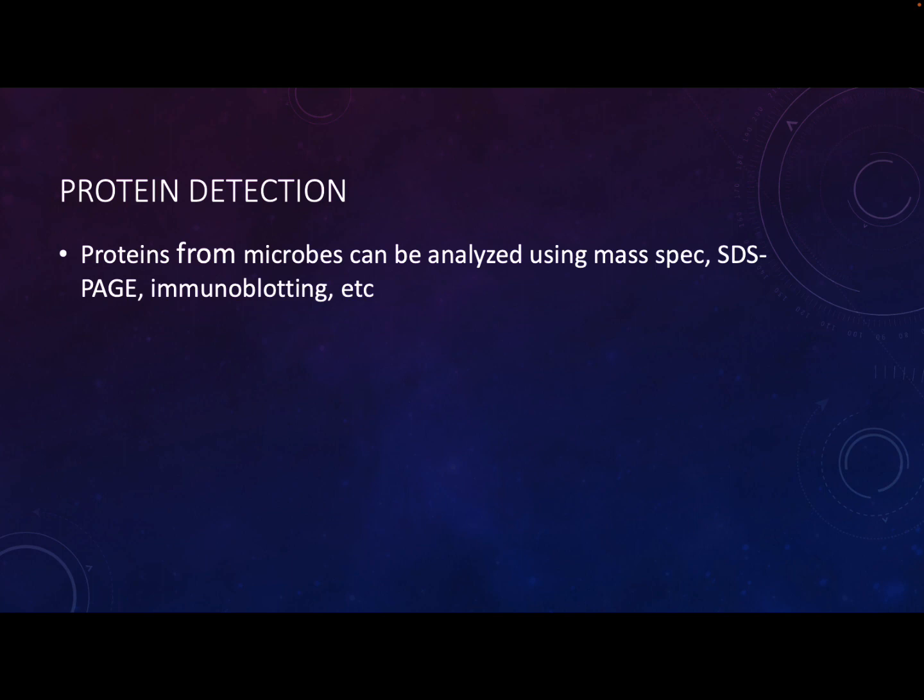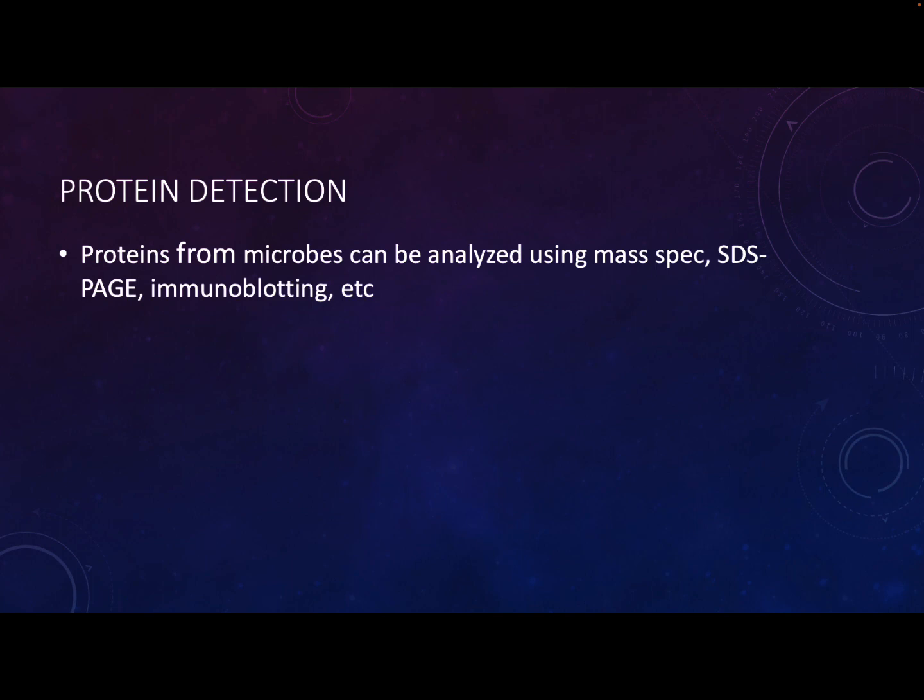Commonly, to diagnose infection, we can also look at proteins. We can look at proteins produced by the microorganism, so we look for the patient to have microorganism proteins inside of them, or we can look for proteins produced by the host, and those would be antibodies.